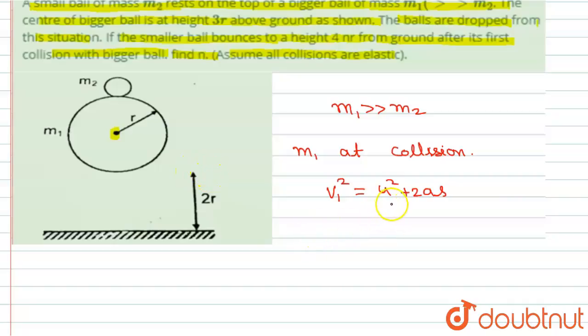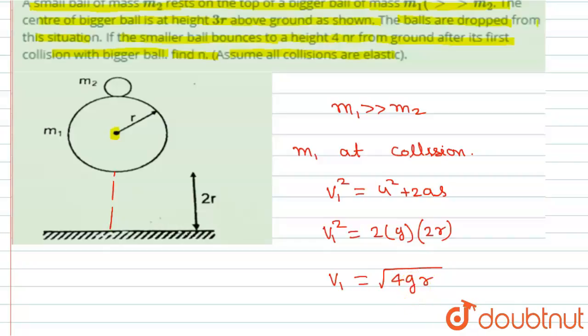So v1 squared is equal to 0 plus 2 times g times s, and s is 2r, the distance from here to here. So v1 is equal to root under 4gr.